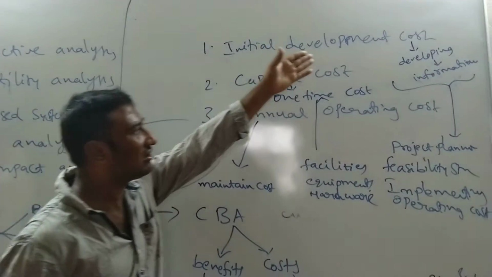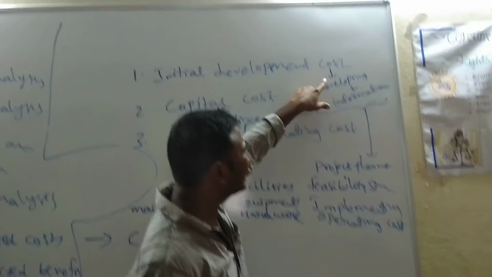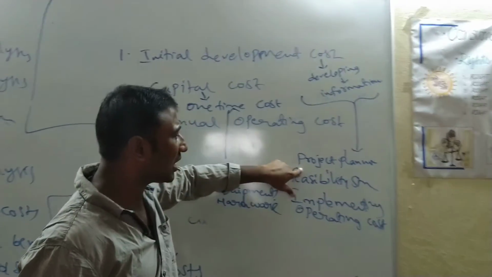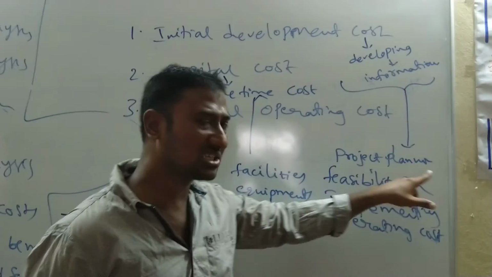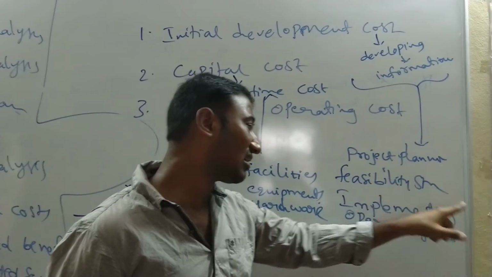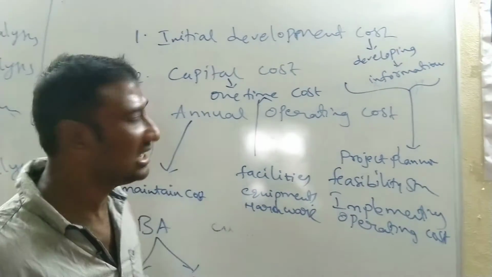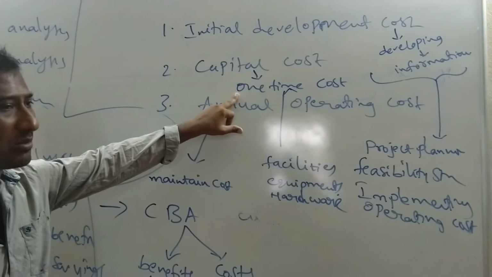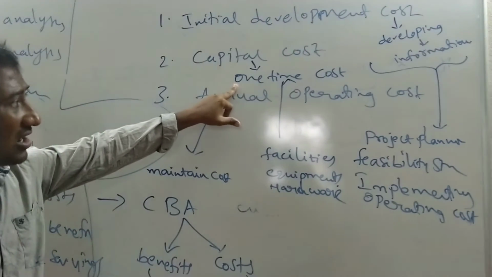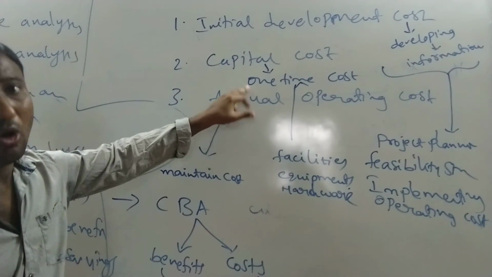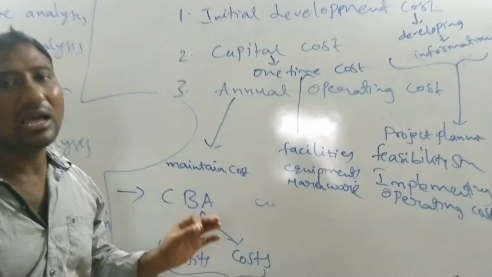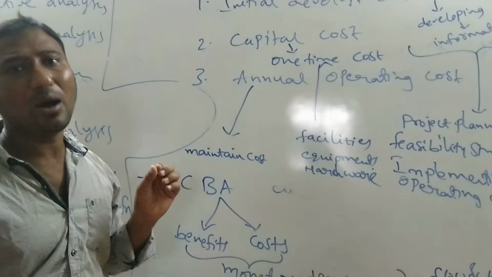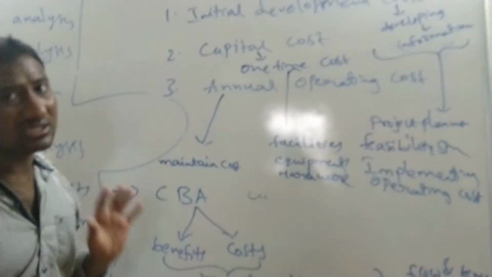In the initial development cost, the cost of developing an information system includes project planning cost, feasibility study cost, implementing cost and operating cost. The second one is capital cost, which is nothing but a one-time cost used to provide facilities, equipment and hardware for the operations of the system.